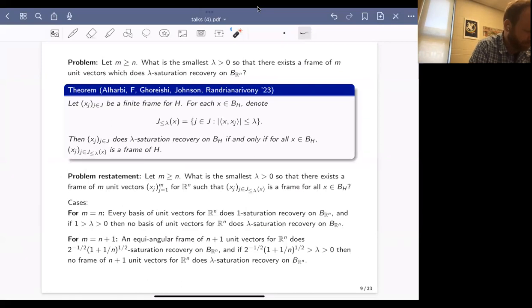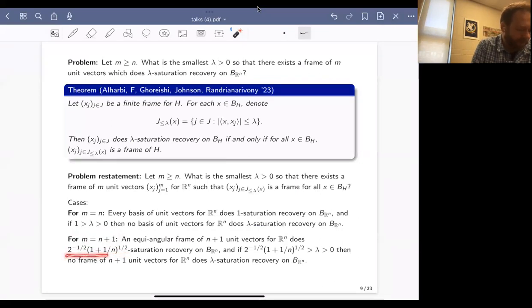So let's look at the next interesting case. Here, if you ask for a frame of n plus 1 unit vectors, then an equiangular frame of n plus 1 unit vectors does saturation recovery for this value of lambda.